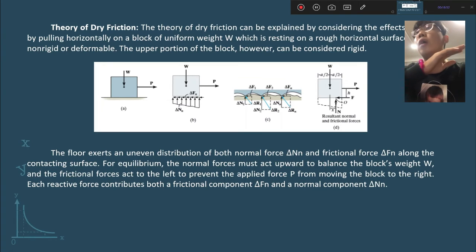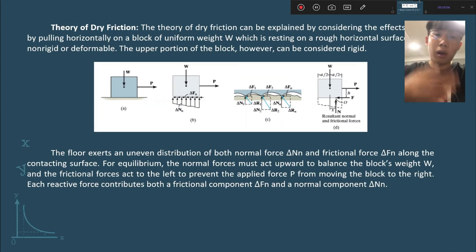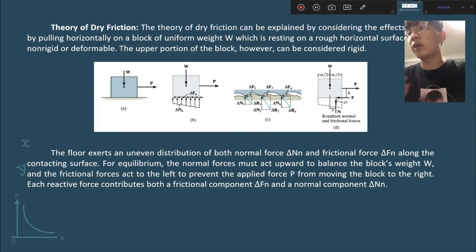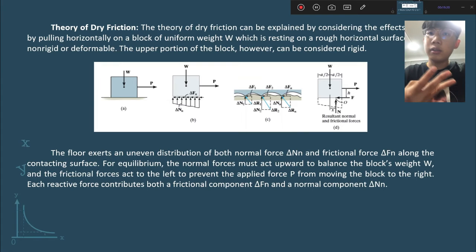We pull horizontally on a block that has a weight P, which is resting on a rough horizontal surface that is non-rigid, or deformable. So we have to keep in mind we are pulling in a horizontal direction, the block has a weight P, and it's resting on a non-rigid surface.